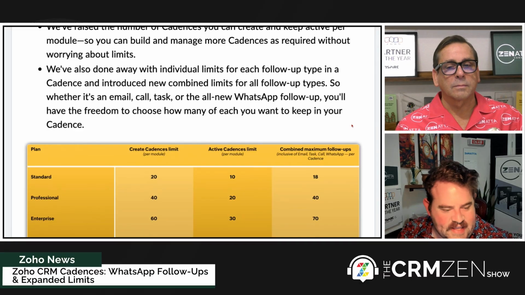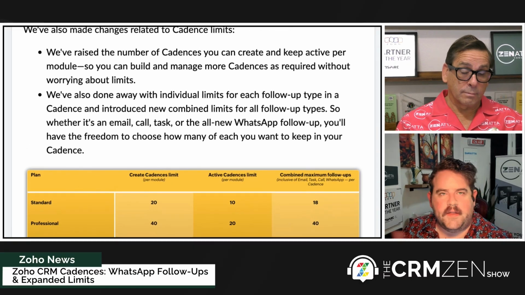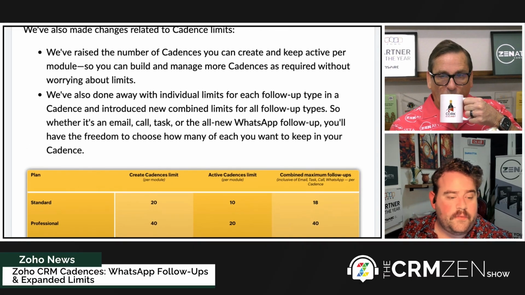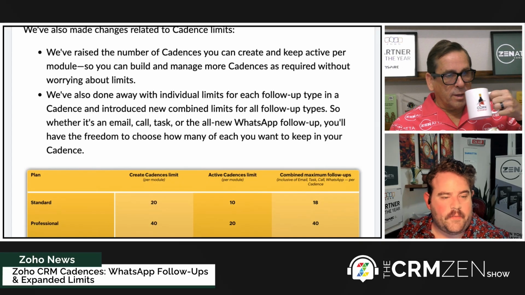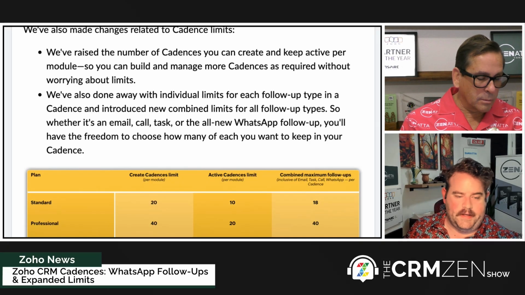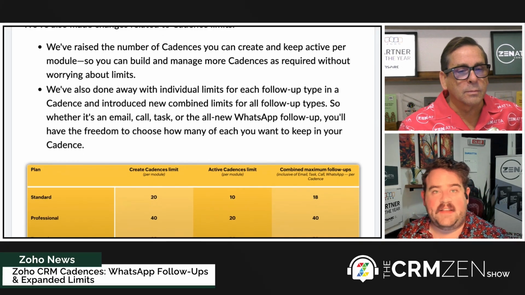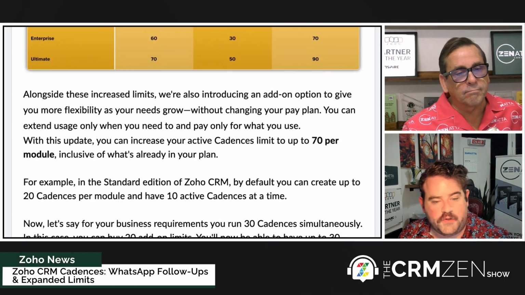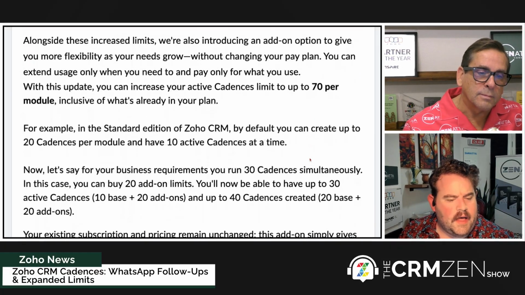Hence what a cadence is. So now you can send a WhatsApp message. They've also raised limits around cadences for just how many cadences you can have active at a time, including active per module, that kind of thing.